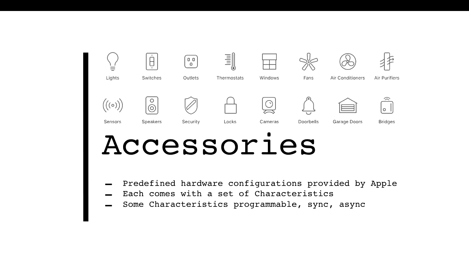Services are defined by things called characteristics. Characteristics are the attributes of what a service means. For something like a switch, that's basically, is it on, is it off? For something like a thermostat, what's the current temperature? What's the target temperature? There's a split between what characteristics themselves can mean, very similar to synchronous and asynchronous attributes.